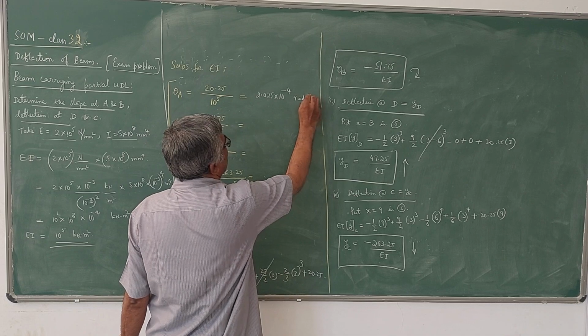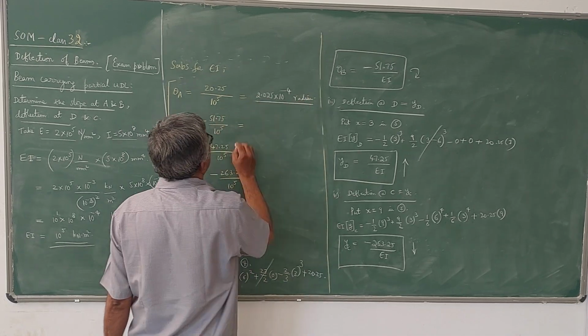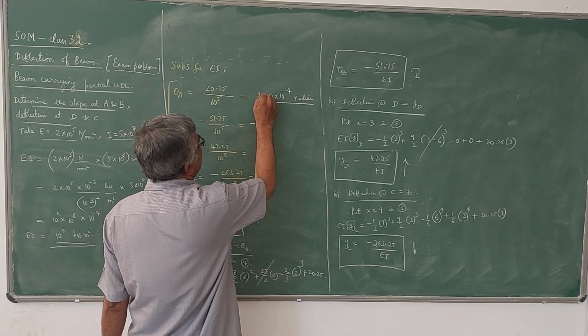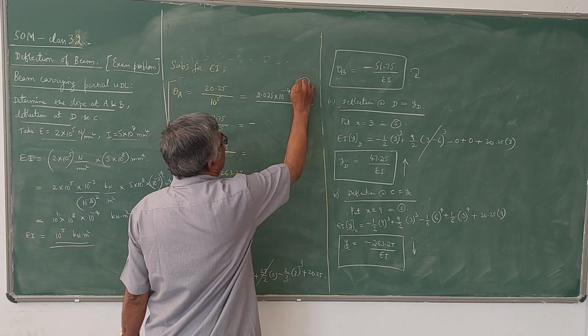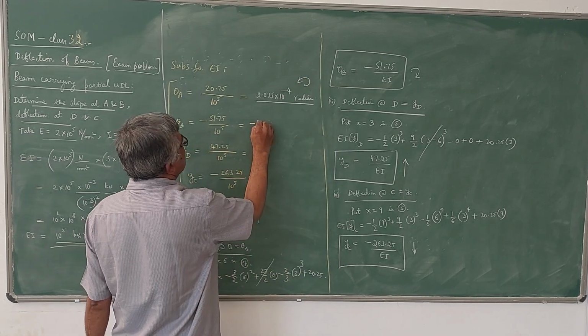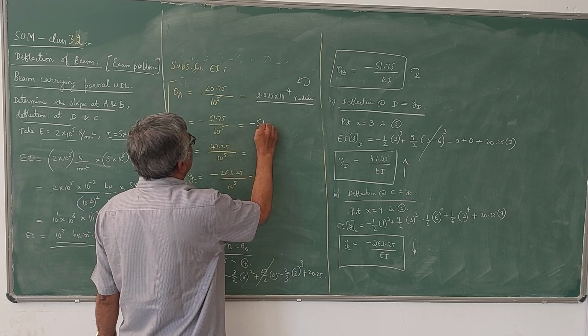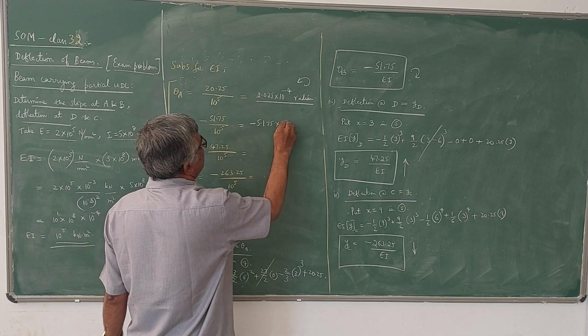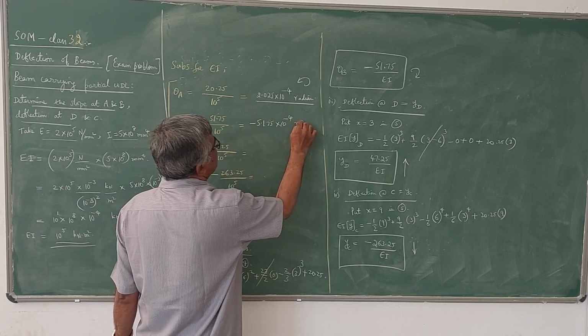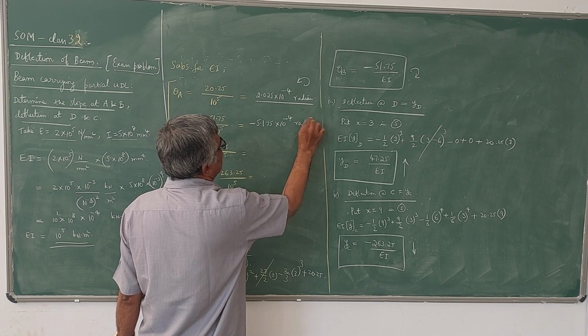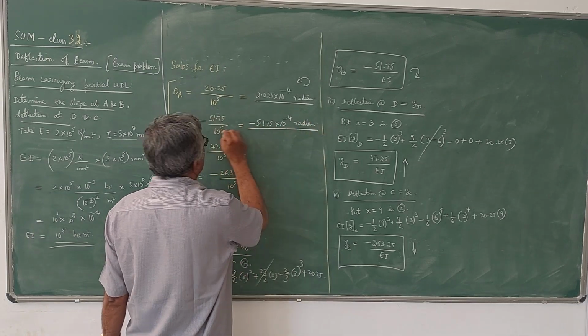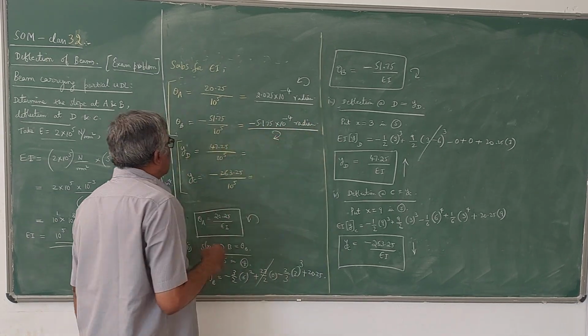Of course it is a very small value. This is one answer, and positive means it is anti-clockwise. The second answer is minus 5.175 into 10 power minus 4, also in radian. The negative value means the rotation is clockwise.